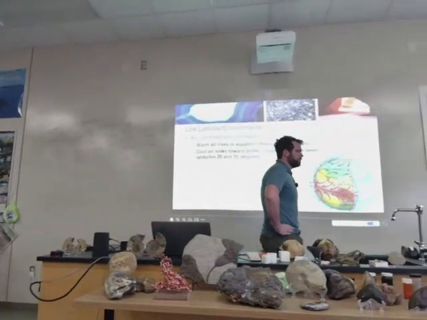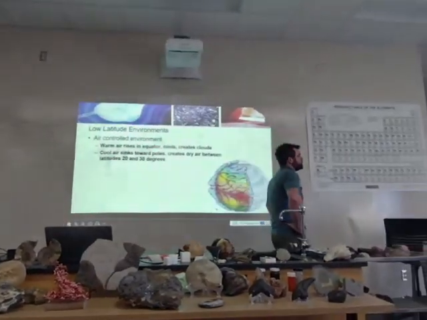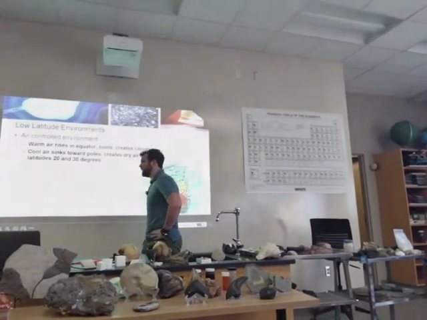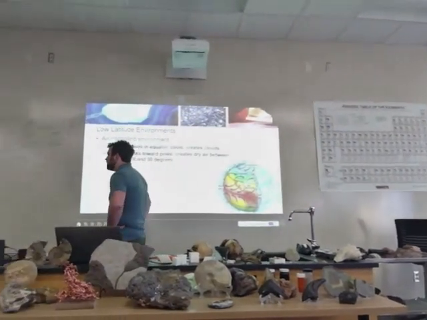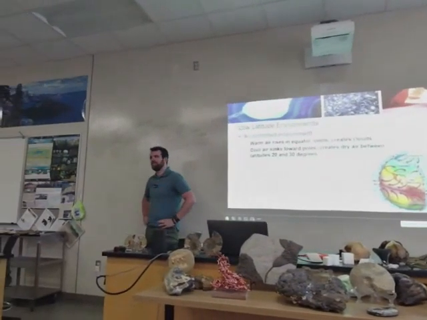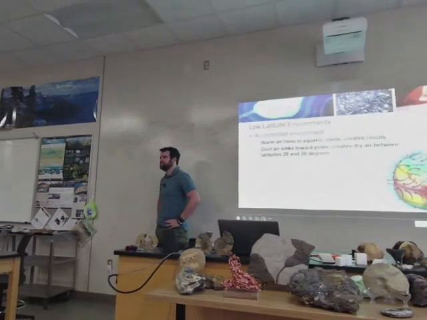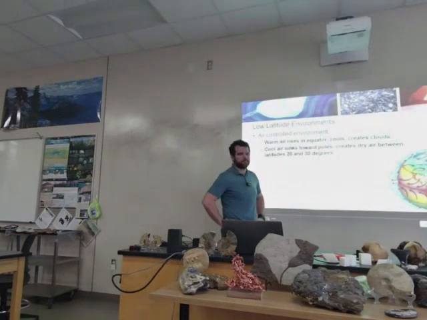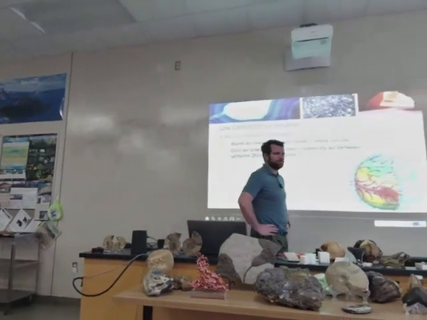What sort of features, what sort of structures or rock types do you suppose we could find that may cause me to wonder if I'm looking at a desert environment? Can you repeat that?